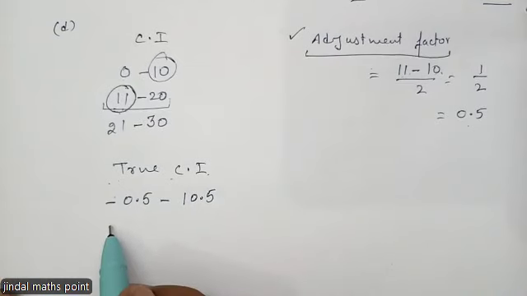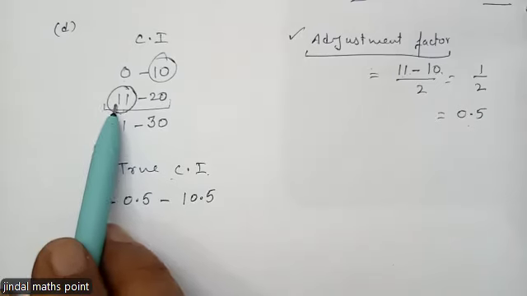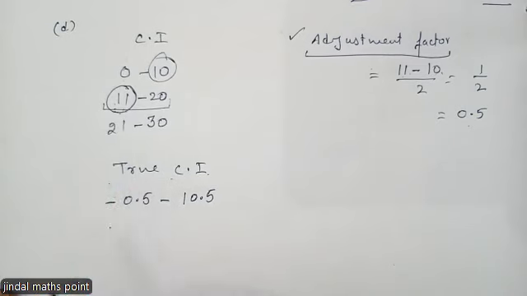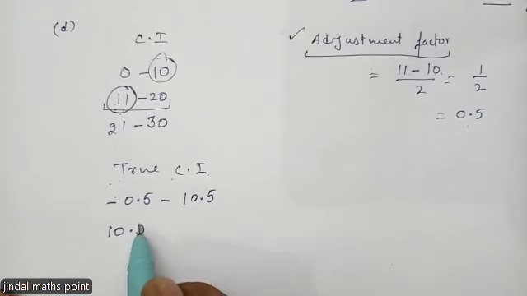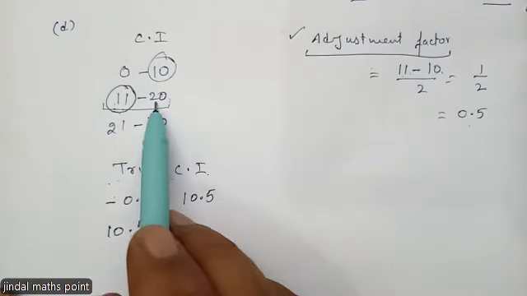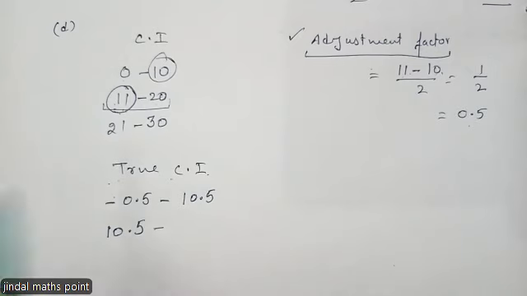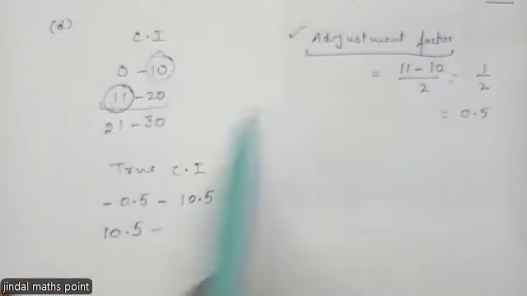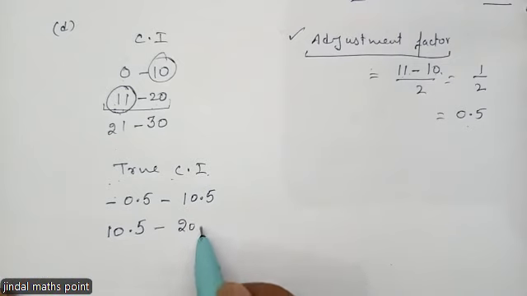From the lower limit, we have to subtract, Evelyn. When we subtract 0.5 from 11, we get 10.5. And in the upper limit, we add. Understood? From lower limit we subtract, and in upper limit we add. 20 plus 0.5, we get 20.5.